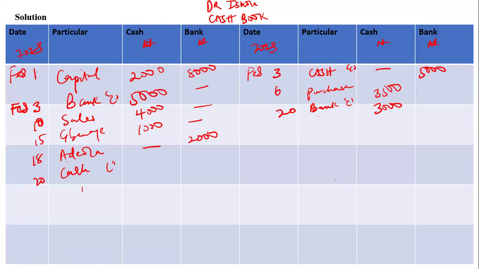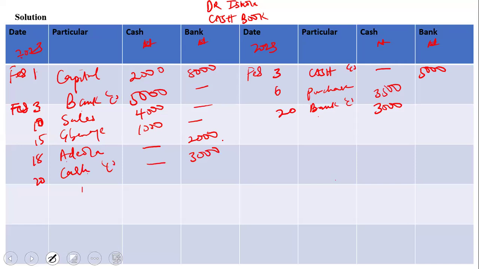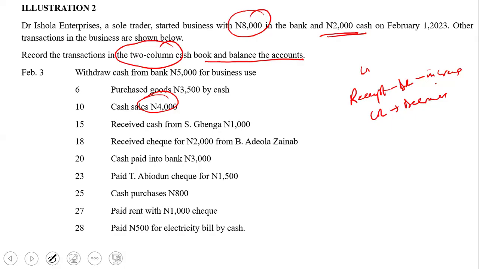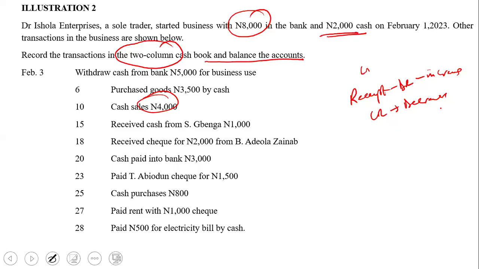It is deposited in the bank, and the amount is 3,000. Next, we move to the next one. Pay T Abiodun check 1,500. That is on the 23rd, paying Abiodun. This time around is paying check. How much is the check? 1,500.